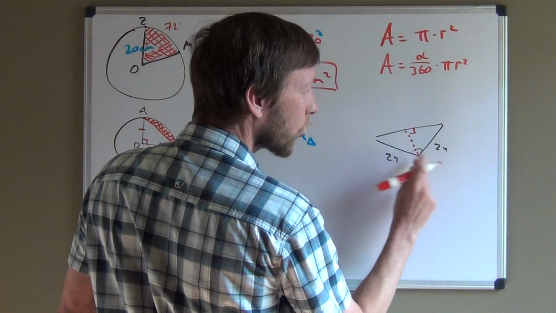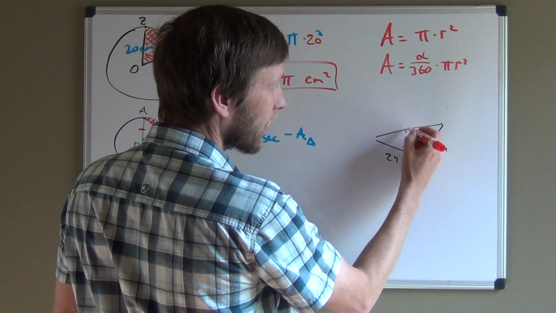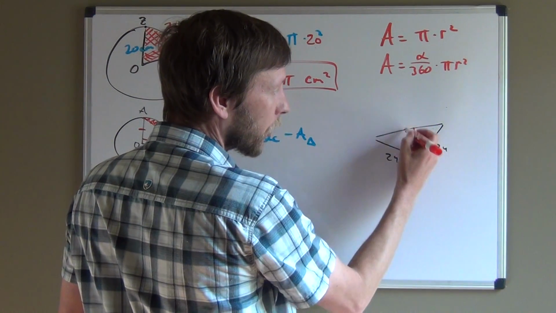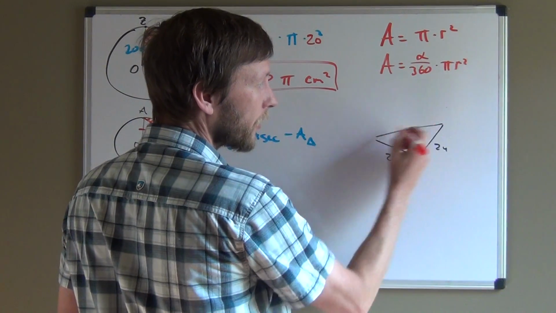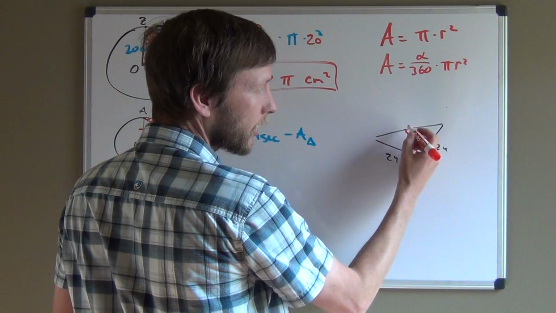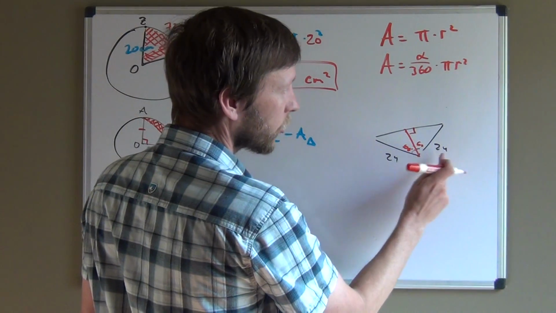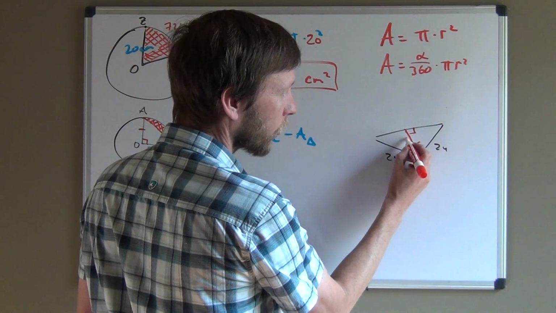We cut this 120-degree angle into 60 and 60, which means that this perpendicular distance from this line segment to this center of the circle, the vertex here, is going to be half of 24.